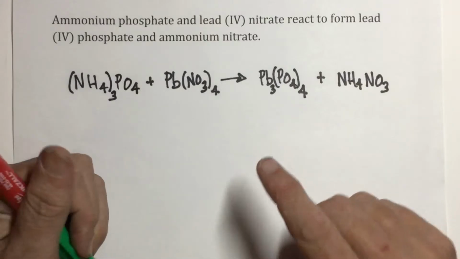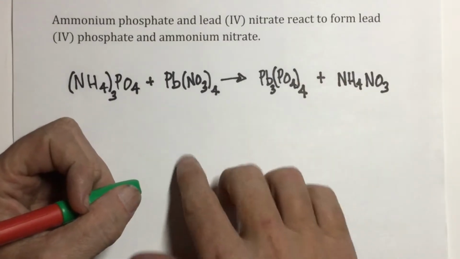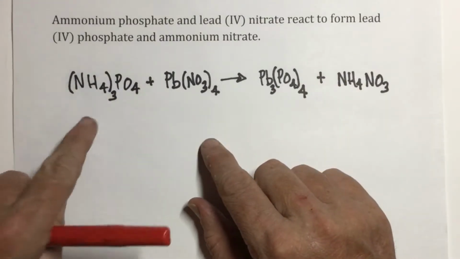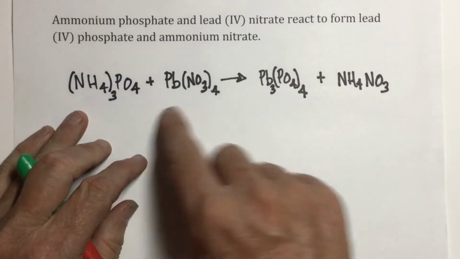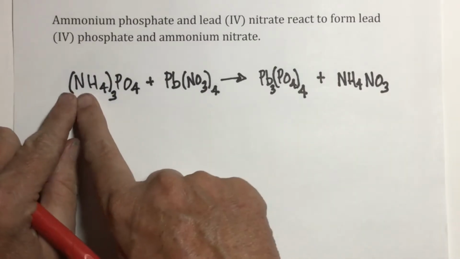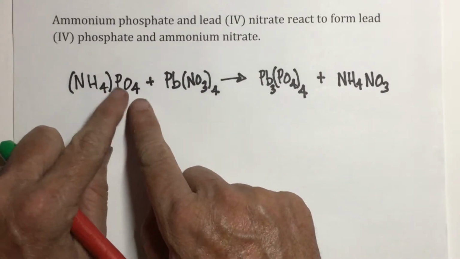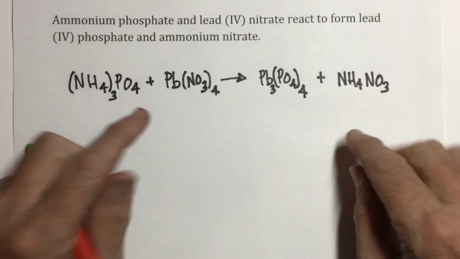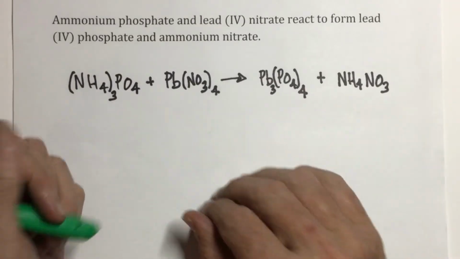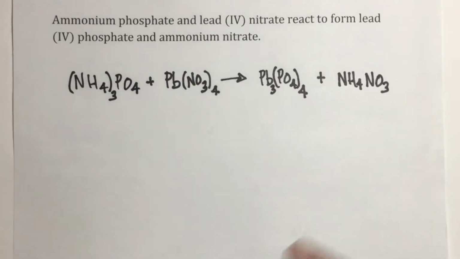Now, one method that is offered up to a lot of students is to break all this down and look at the individual atoms. So you look at all the nitrogens and all the hydrogens and all the phosphoruses and all the oxygens and everything, and you break it all down, make a table, look at those individually. Forget all that.